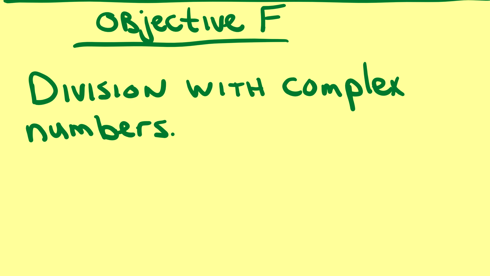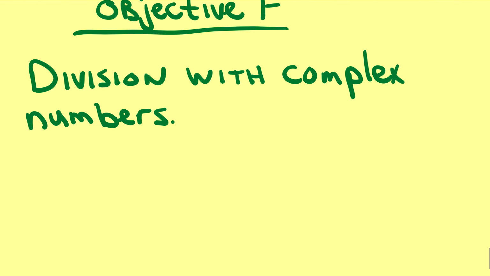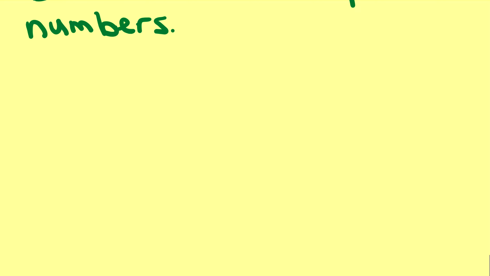All right, ladies and gentlemen, we're on to objective F, which is division with complex numbers. Now this is going to take on the likeness of when we were working with radicals in the denominator.